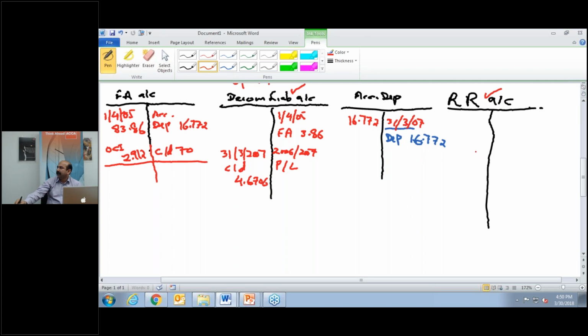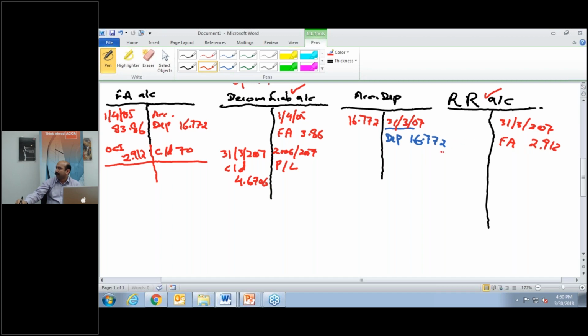And similarly here in the revaluation reserve, you will see that on 31st March 2007, this will give us 2.912 from the fixed asset account, because this is the last day of this particular year.